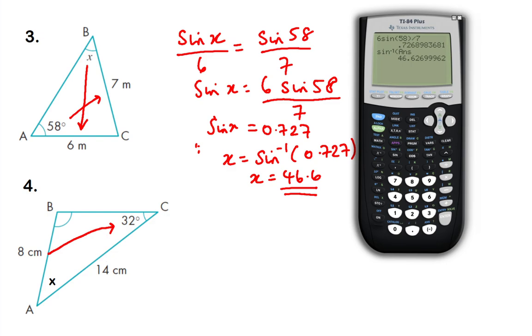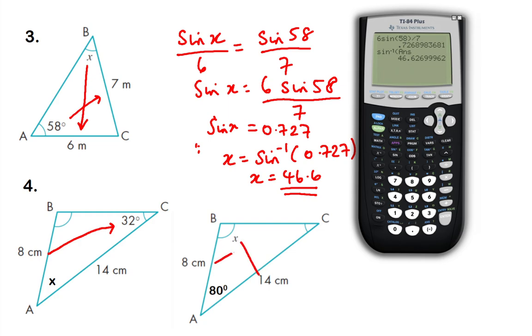Okay, now just to show you one which wouldn't have been possible, if I drag this one over, this one I've got here, it's very similar actually because I copied some of the numbers and moved it around. But this one, does it have the condition that we need? Let's check. Now, it doesn't, does it? Because the x goes with the 14, but we don't know the x, so we can't have that.